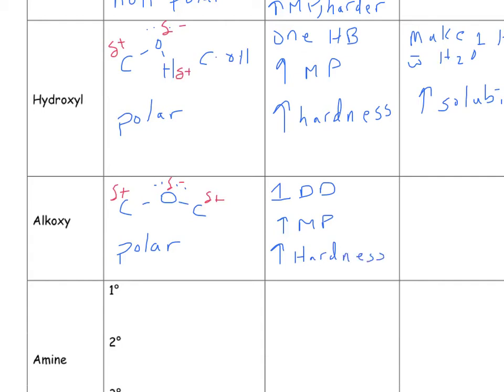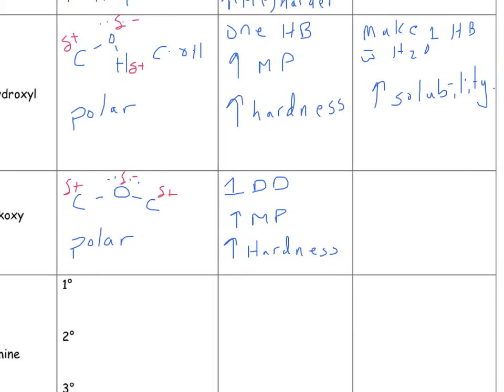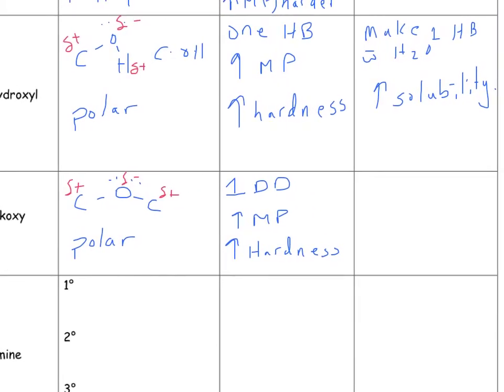When I try to dissolve an alkoxy functional group in water, I can actually accept a hydrogen bond. The definition of hydrogen bond is an H directly attached to an O, N or F, which is supplied by the water, and a lone pair of electrons on an O, N or F on the neighboring molecule. That is supplied by the alkoxy group. We distinguish making and accepting hydrogen bonds.